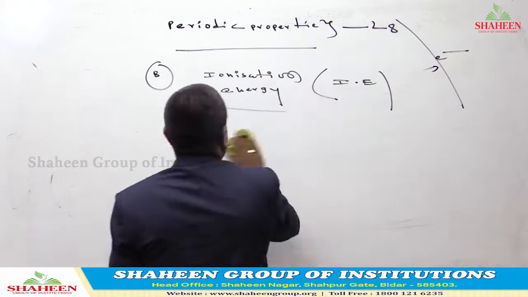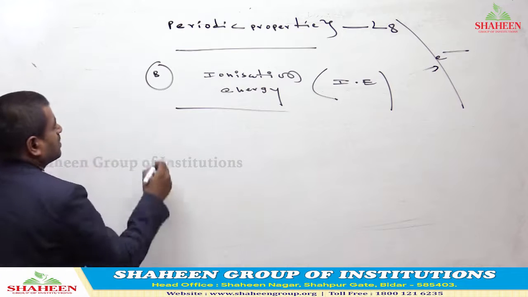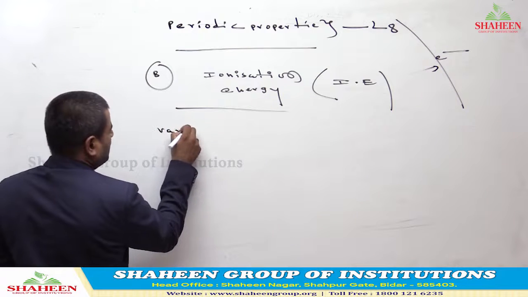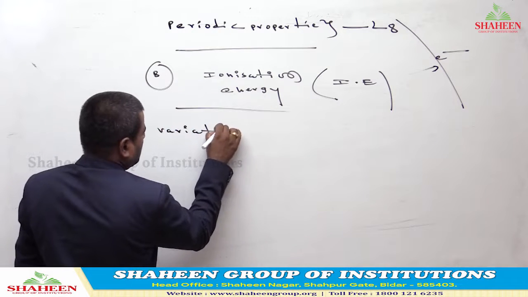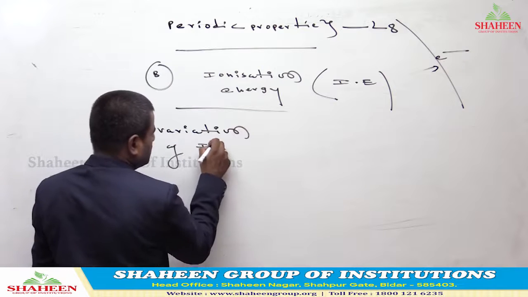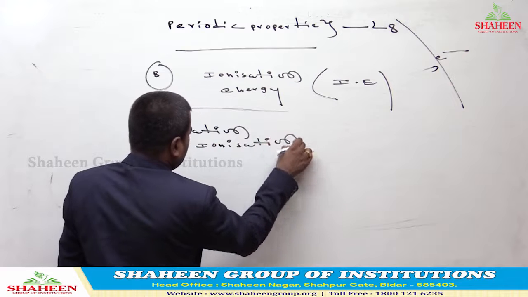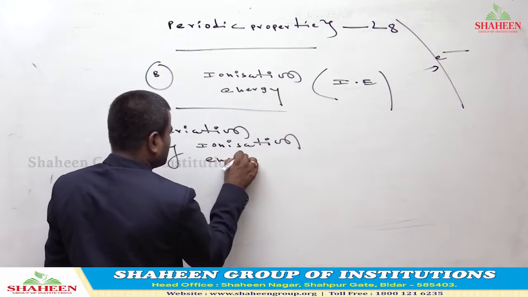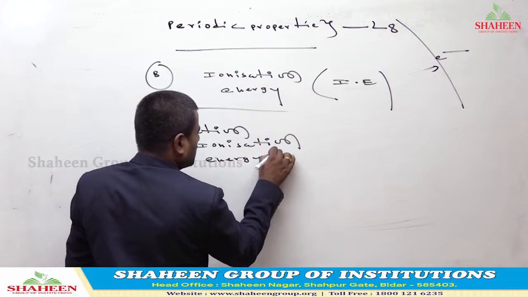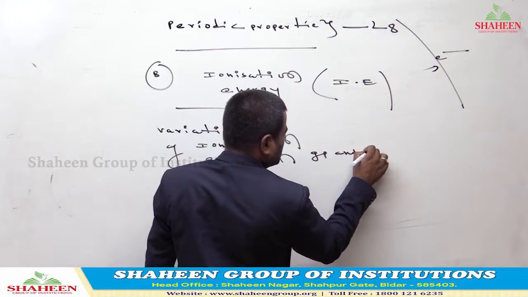Now, the variation of ionization energy in groups and periods.